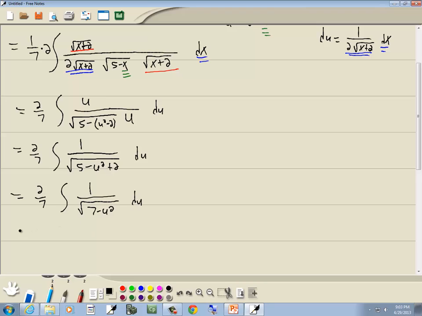Okay, now I can rewrite that. So I'm going to rewrite this as square root, and then we can rewrite 7 as the square root of 7 to the second power minus u squared du.